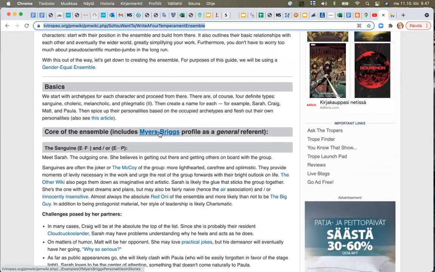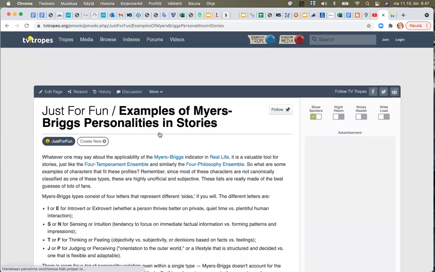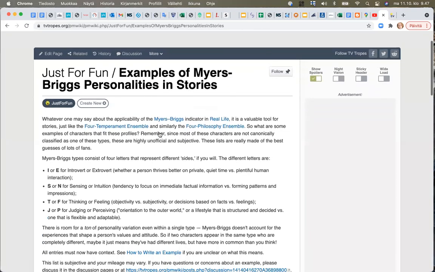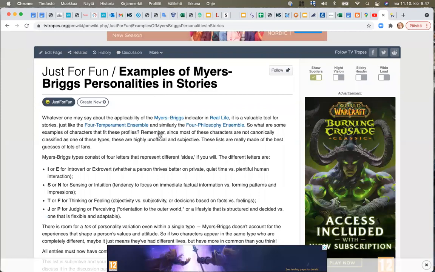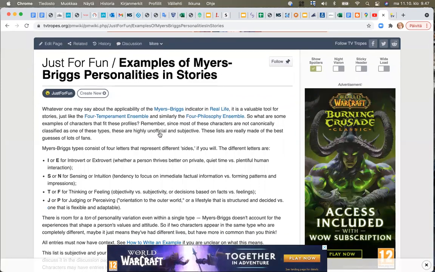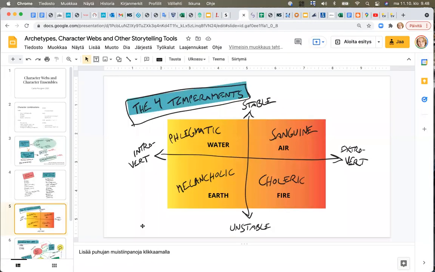Yes, the Myers-Briggs Profile is one of these, where you have introvert, extrovert, sensing, intuition, thinking, feeling, judging, perceiving. You have probably made some personality test related to these. I could put this link there as well, by the way. Let's do one thing at a time.